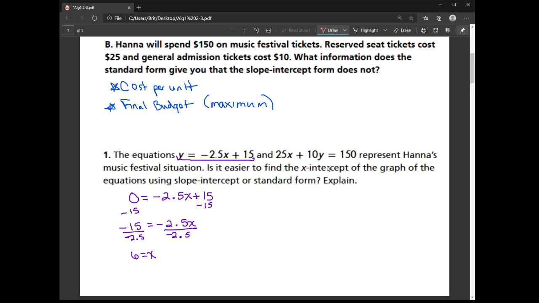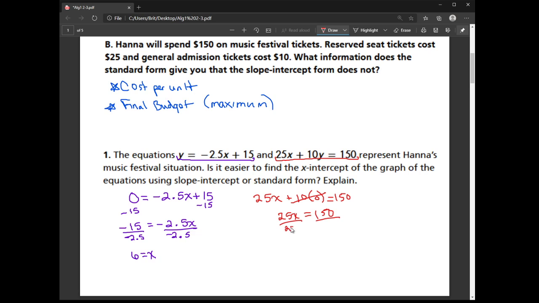Now watch it with the standard form. So the standard form, again, I'm replacing the y with 0. So I get 25x plus 10 times 0 equals 150. Well, anything times 0 is 0, so that term falls out, leaving me with 25x equals 150.